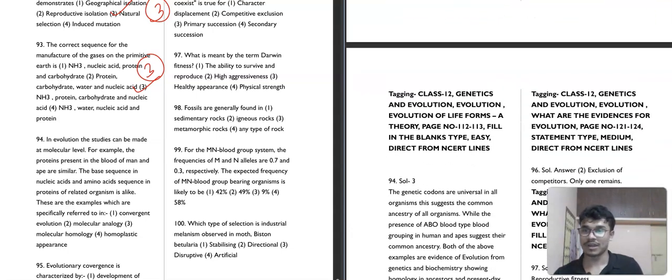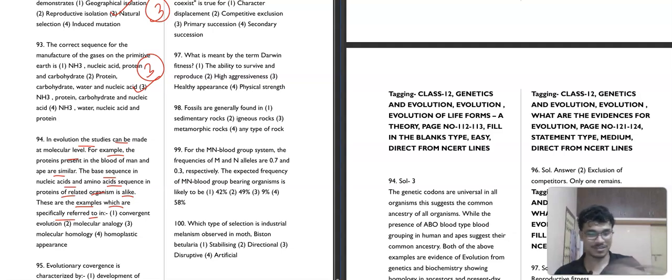Question number 94. In evolution, the studies can be made at molecular level. For example, the proteins present in the blood of a man and apes are similar. The base sequence in nucleic acid and amino acid sequence in proteins of related organisms is alike. These are examples of which of the following: convergent evolution, molecular analogy, molecular homology, homoplastic appearance. Let's read it once with you guys, I also did not understand it.